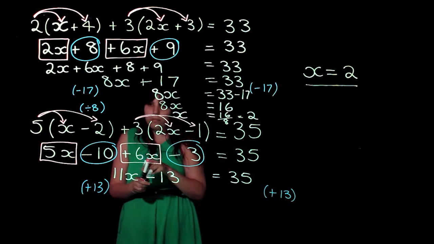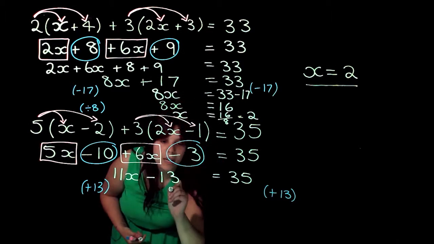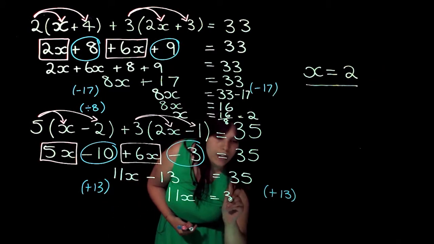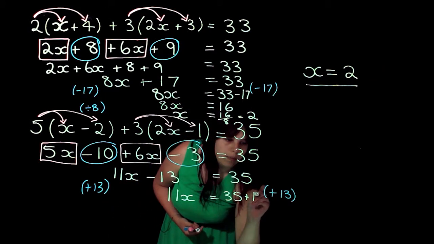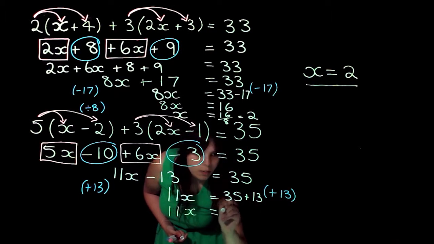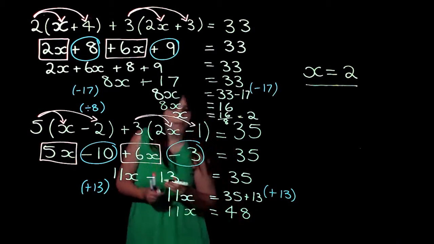So 11x minus 13 plus 13 is going to give me 11x. And on this side, we're going to have 35 plus 13. So I get 11x equals 48.